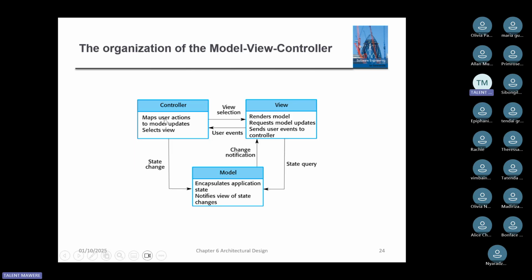The controller maps user actions to model updates and selective views. The view renders the model, requests model updates, and sends user events to the controller. Then the model encapsulates application state and notifies a view of state changes.